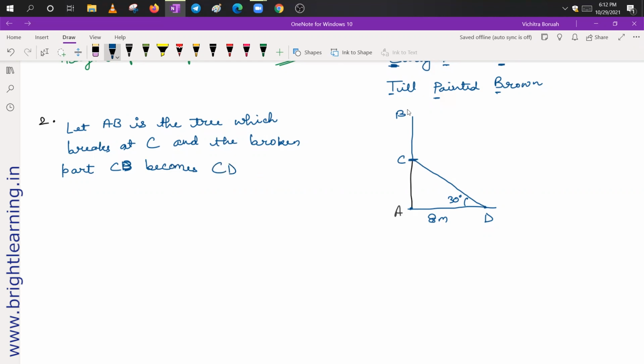This is the broken part CB, and when it breaks, it becomes CD. So the lengths of CB and CD are the same.